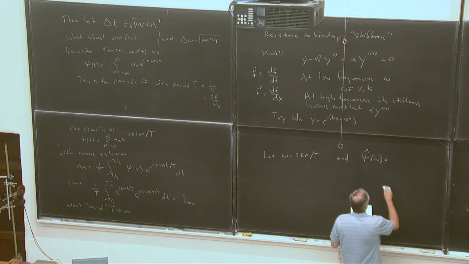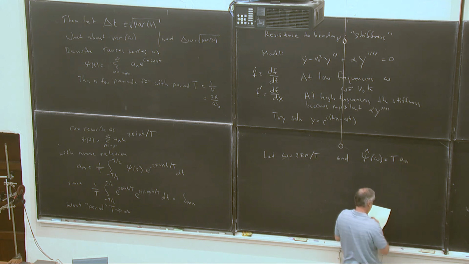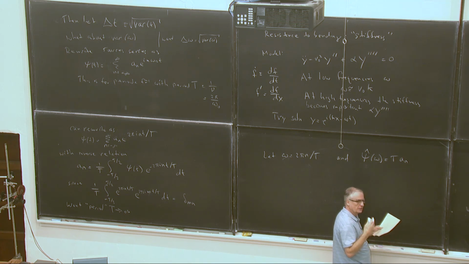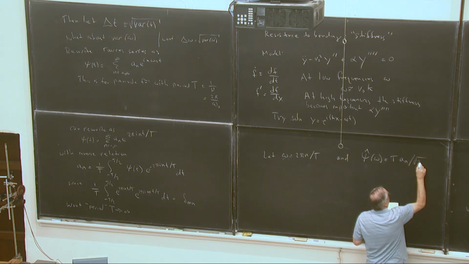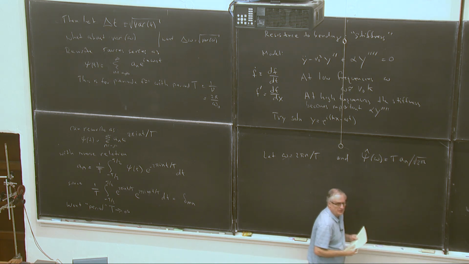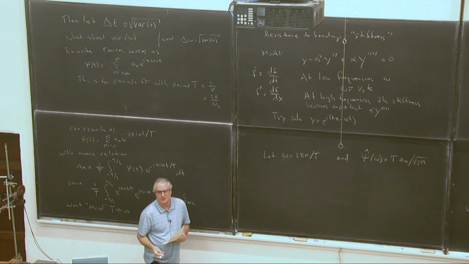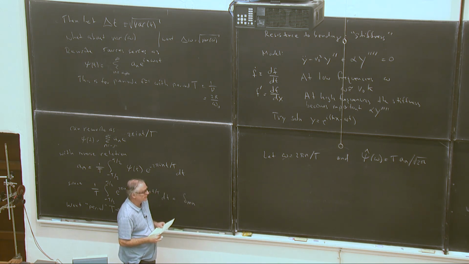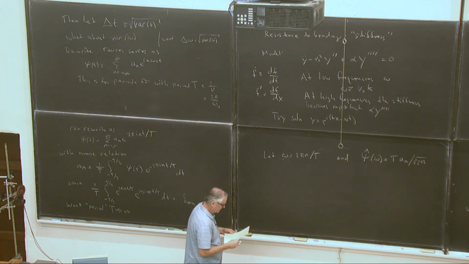So I'm going to define it as t times a sub n. And then for convention, I'm going to divide it by square root of 2 pi. I don't have to do that, and there are different conventions. Not everybody does that. But this is a common convention. It's just a convention, though. It's basically t times a sub n.